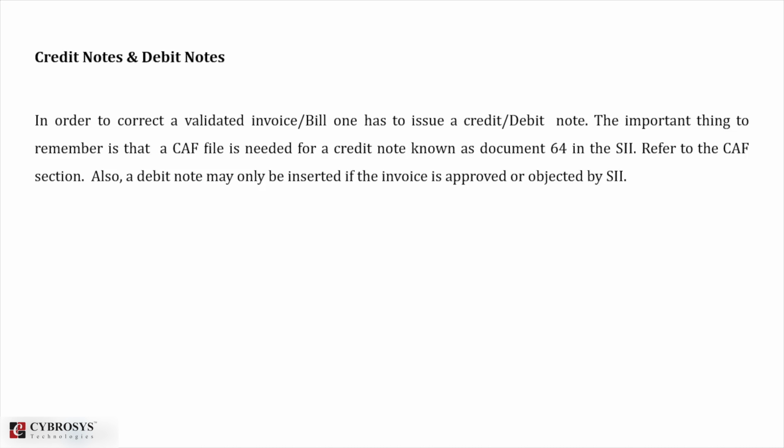One thing you need is to create a CAF file for issuing a credit note, and it is known as document 61 in SII. Also, a debit note may only be inserted if the invoice is approved or objected by SII.